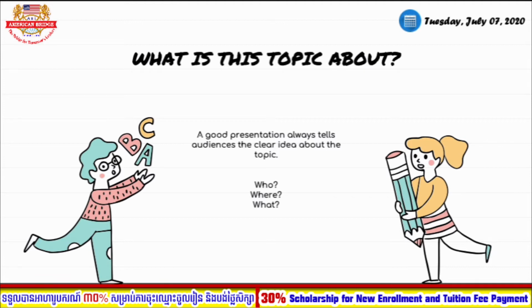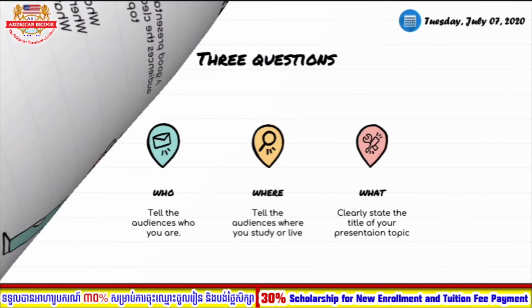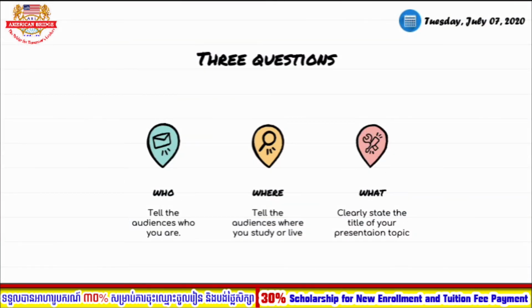There are three more questions to help you construct your presentation in a much more consistent way. These questions start with who, where, and what. The first, who: you need to tell the audience who you are. Talk about your name, your age, how old you are, where you study.